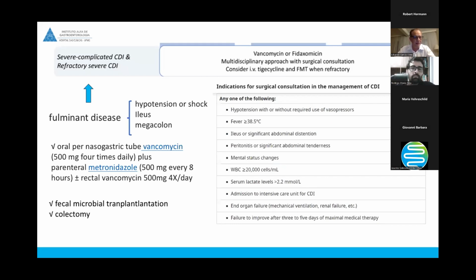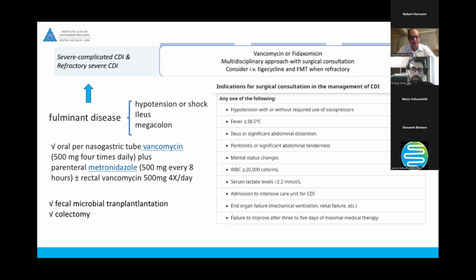You know that there is some evidence in favor of fecal microbial transplantation in this kind of patients too. And in some patients, as you see in this table in this slide, some clinical aspects can be considered to make a surgical consultation, with management shared with a surgeon.